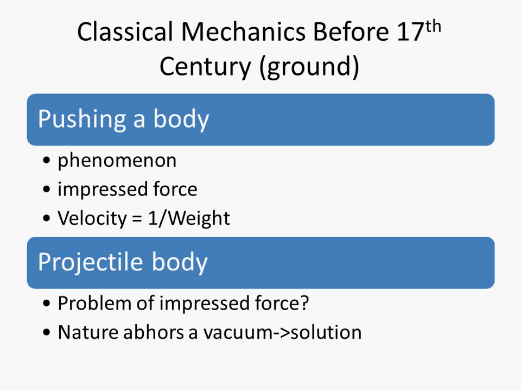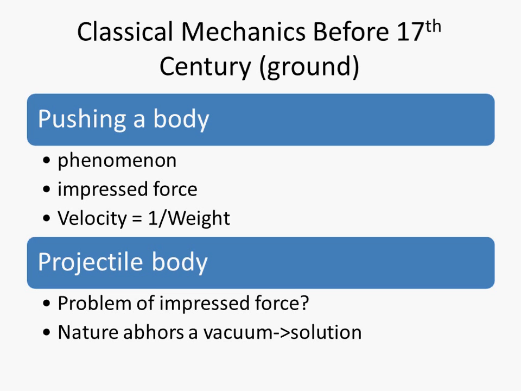And Aristotle was a very clever scientist. His solution is that nature abhors a vacuum, and he used this law to explain this phenomenon. He meant that when an object flies in the sky, then at its back it creates a vacuum.